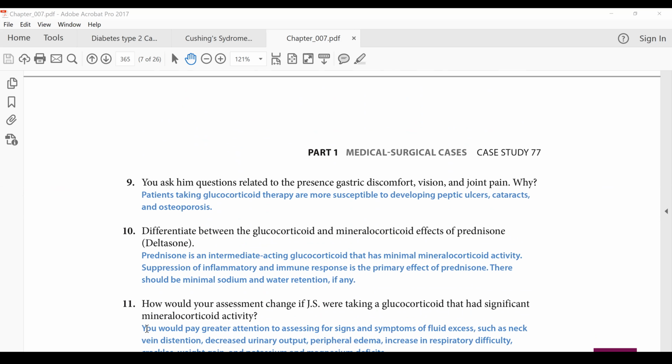So go back to what mineralocorticoids do and what glucocorticoids do. That helps you figure out, if you have more of the mineralocorticoid activity, what would you expect to see? Does that make sense? Okay.